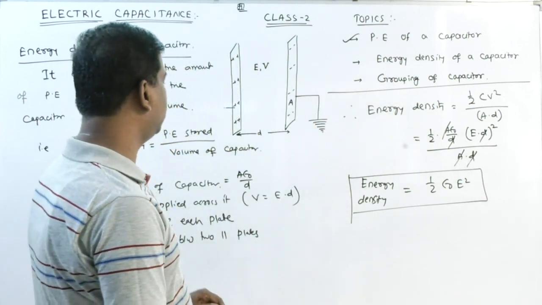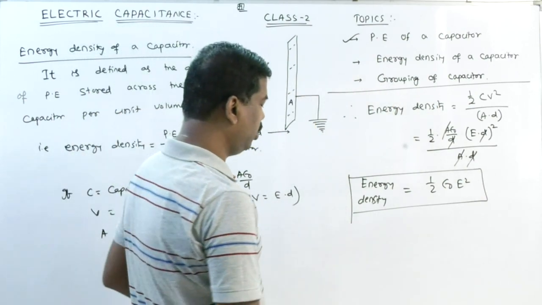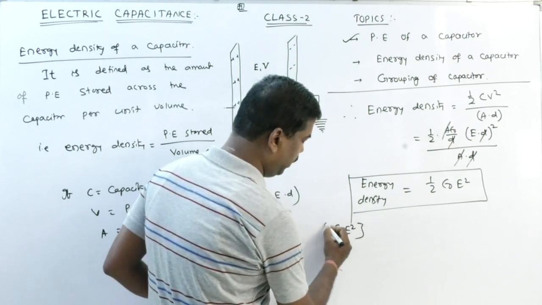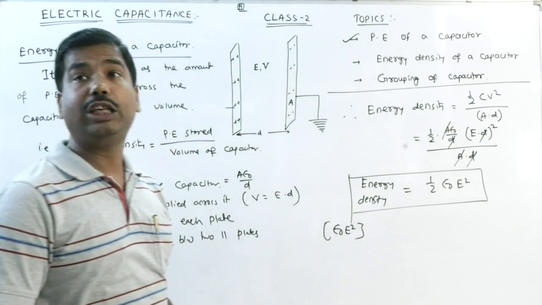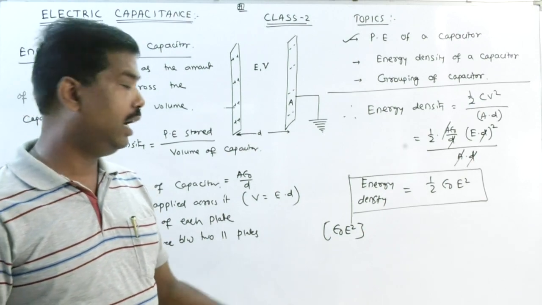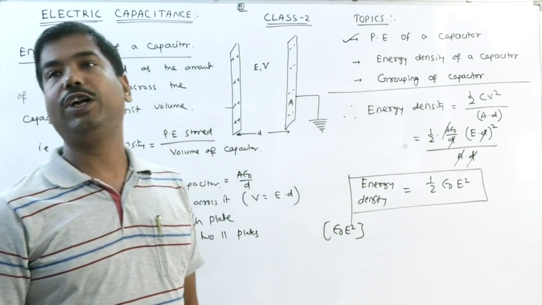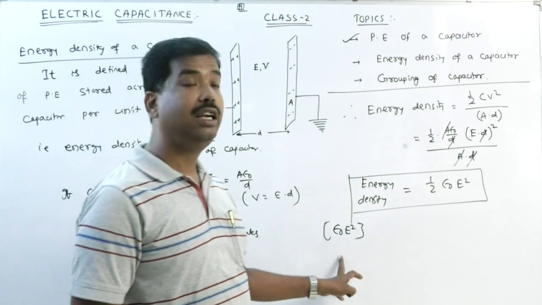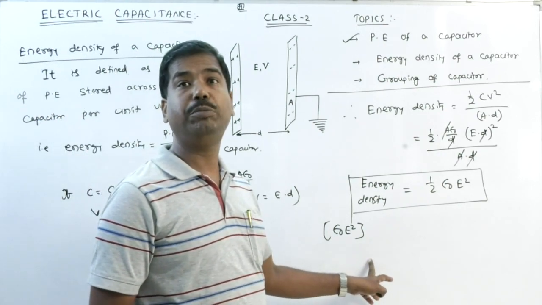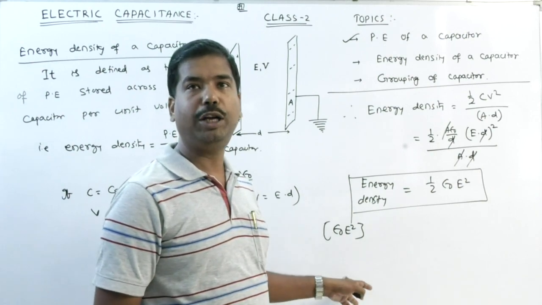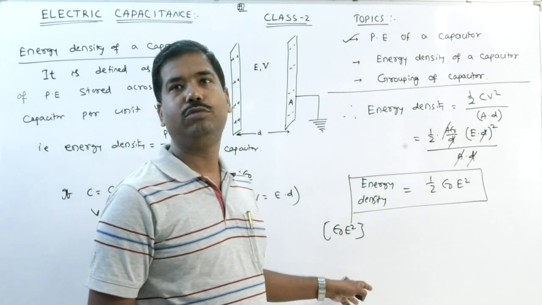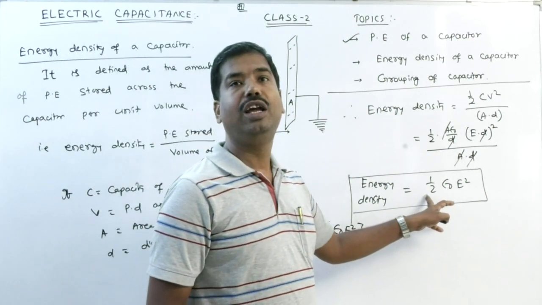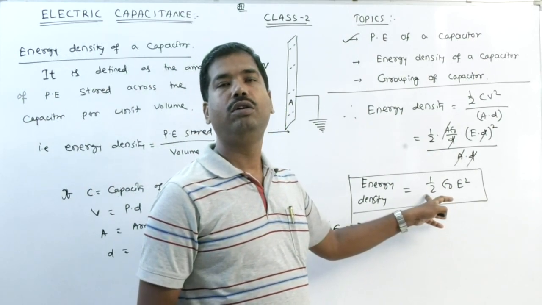Now the question arises, sir, what is the dimension of epsilon 0 E square? If epsilon 0 stands for absolute permittivity and E stands for electric field, then what is its dimension? What will we do? Find the dimension of epsilon 0, then find the dimension of E, square it, then multiply it? No, don't do it that way. Because half is a numerical value, it has no dimension.